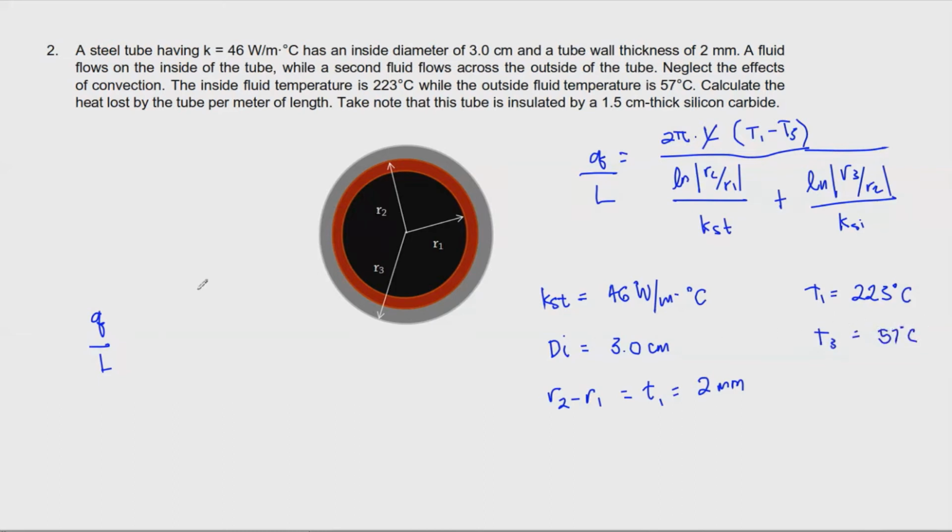And then we need to calculate this heat loss per length, or per meter length. And then the insulation is R sub 3 minus R sub 2, which is equivalent to the second thickness, that is 1.5 centimeter of silicon carbide.